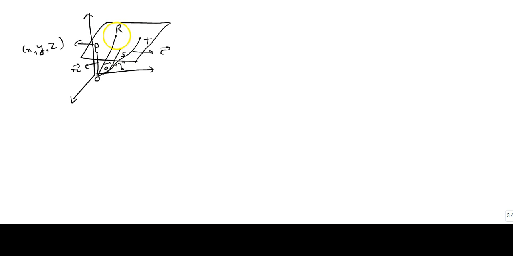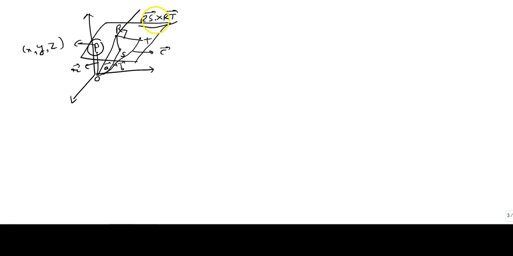If I join RS and RT over here, and take the cross product of these two, I am going to get a perpendicular vector. So RS cross RT is a vector which is perpendicular to the plane. So I'm just relating it to case number 2, where one point is given and a perpendicular vector is also given.